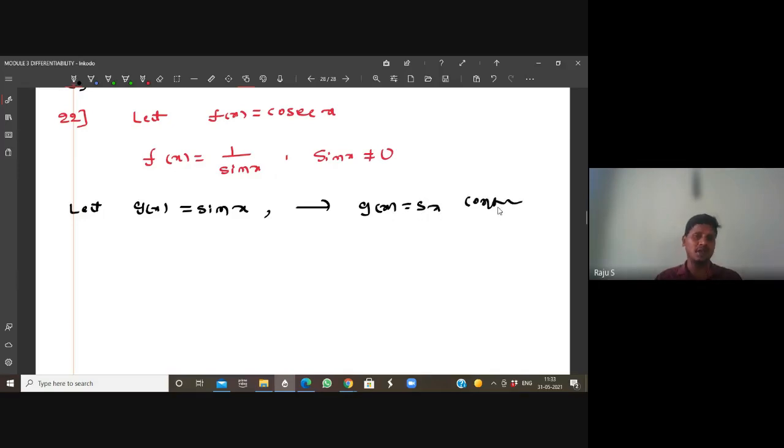After proving that, clearly g of x is continuous. Therefore f equal to 1 by g of x, f of x equal to 1 by g of x, is also continuous.